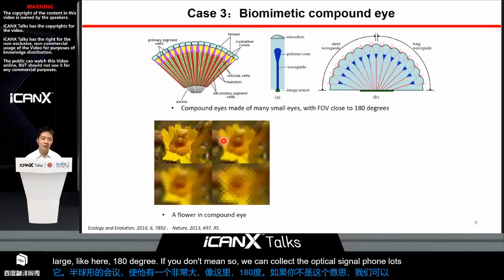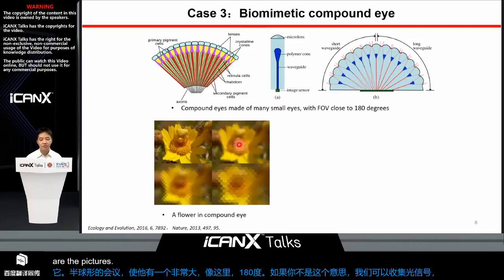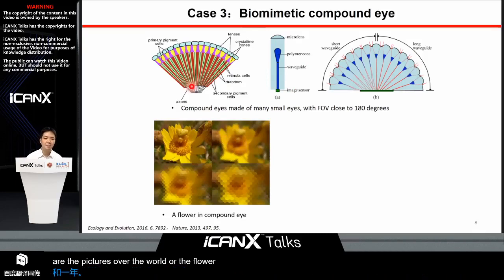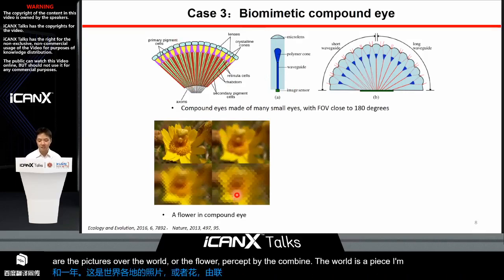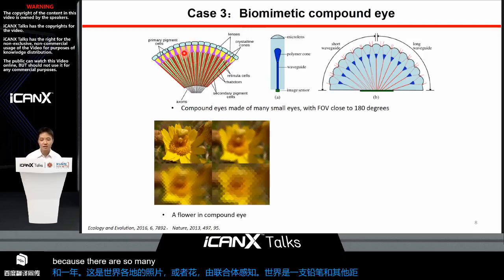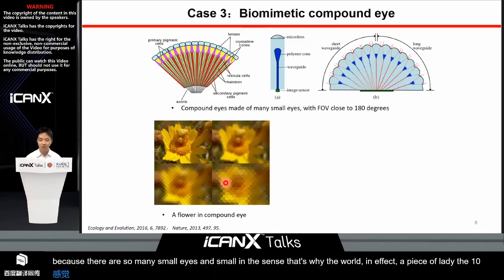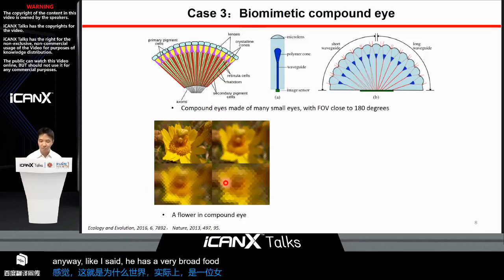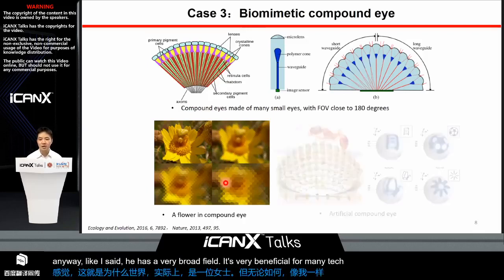And here are the pictures of the world, or the flower, perceived by the compound eye. The world is pixelated, depending on the distance, because there are so many small eyes and small image sensors. That's why the world in an insect eye is pixelated. But anyway, like I said, it has a very broad field of view. It's very beneficial for many technological applications.